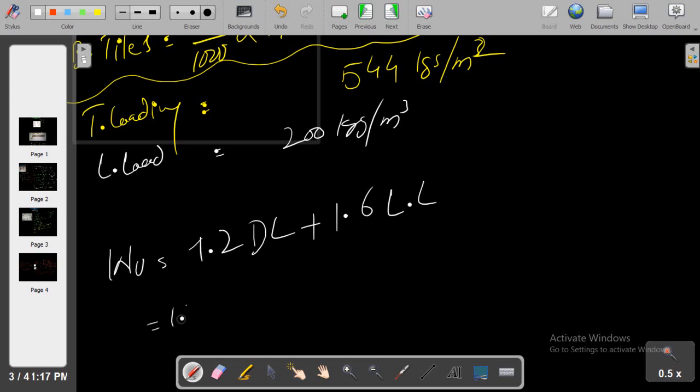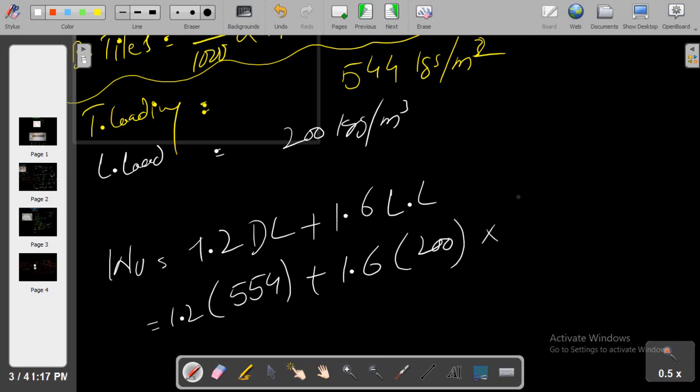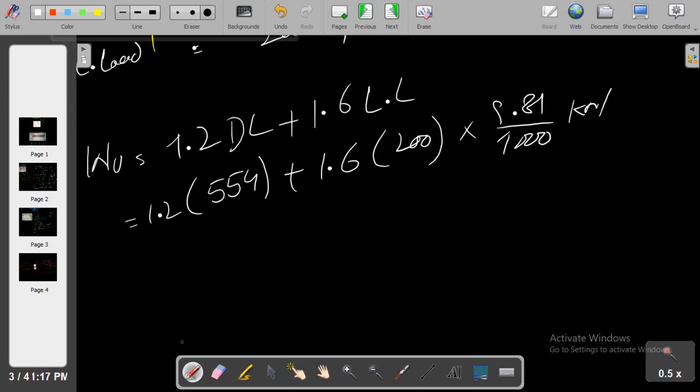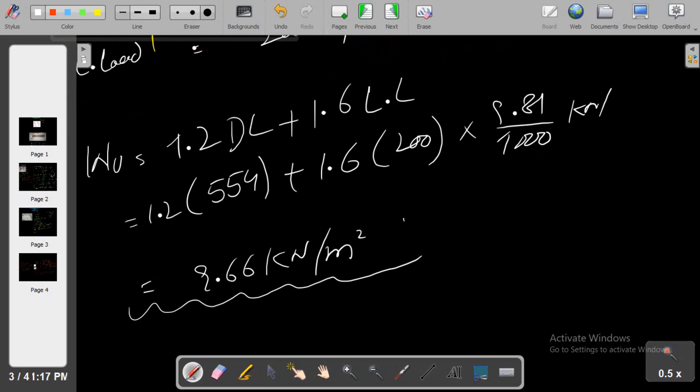We just plug in the value of dead load, that is 554, plus 1.6 times the live load 200, and to convert into kilonewton, multiply by 9.81 divided by 1000. So finally it comes out to be 9.66 kilonewton per square meter, and this is the final loading for the roof.